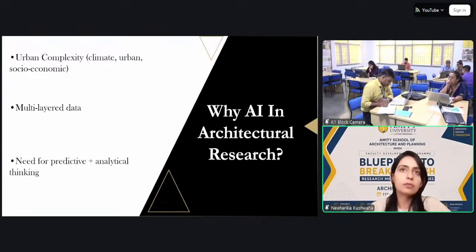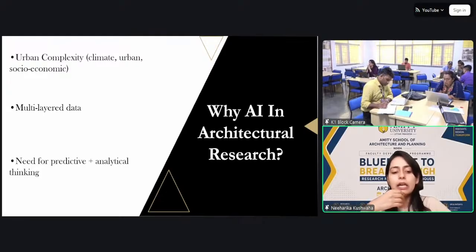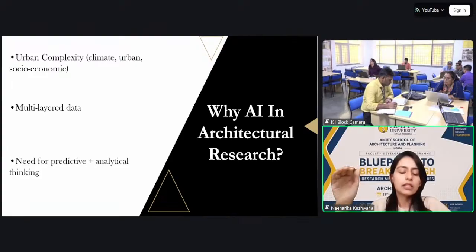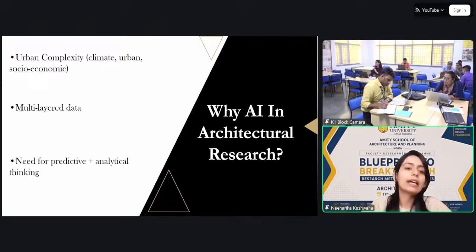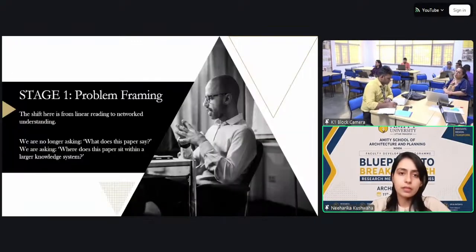You have social perspectives, you have computers, you have data, you have something from the psychology side, you also have something from the environmental end, from the built environment end. It's such a vast field that all this data needs to be operationalized, but at the same time, the complexity needs to be reduced computationally. We cannot handle that much data. So that's where AI comes into the picture.